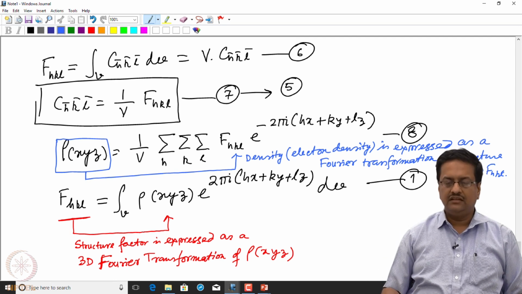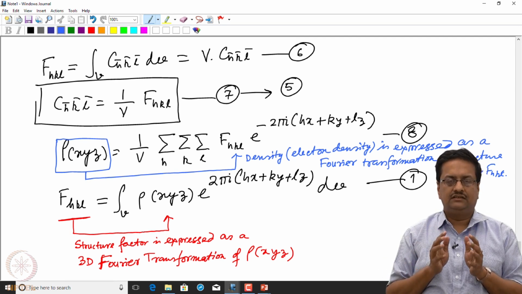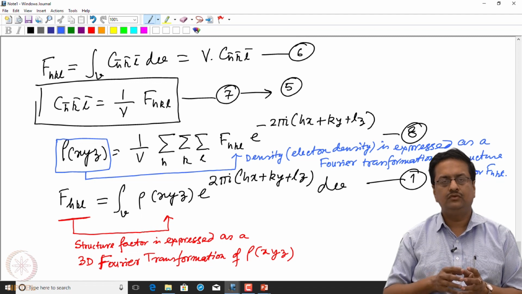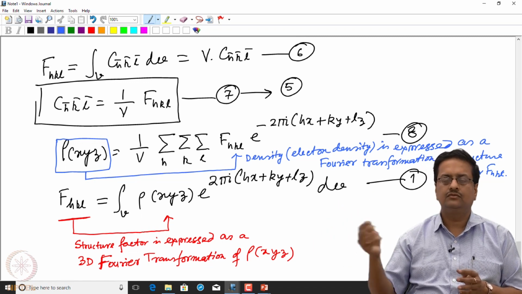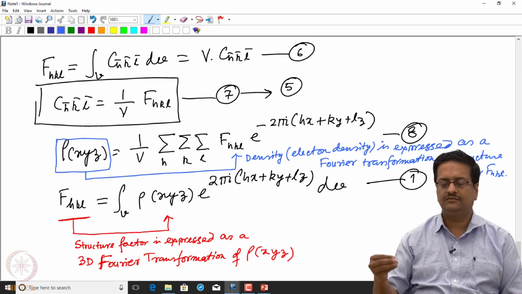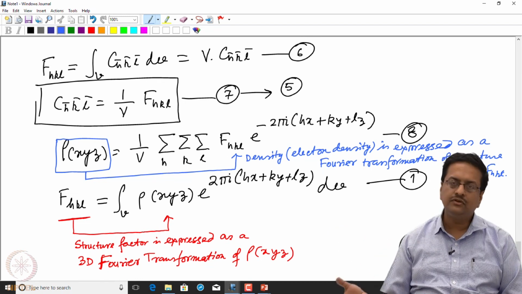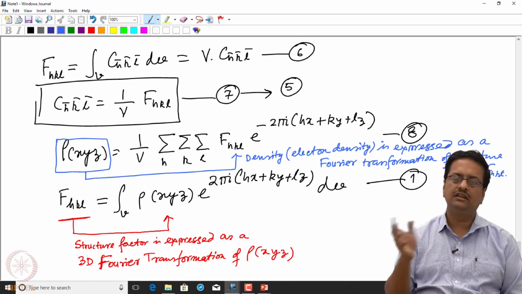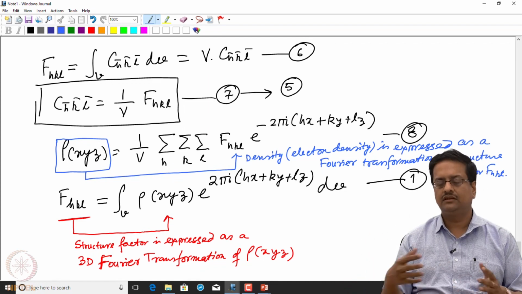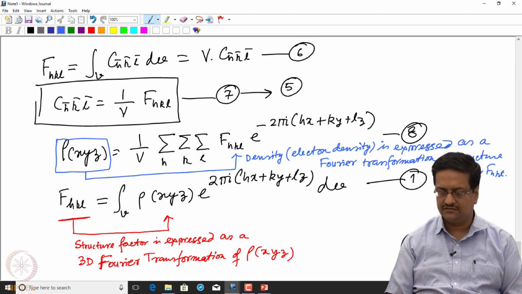So what does it mean? If we have a set of structure factors, if we do a Fourier transform of structure factor, we get to know the electron density at various places. And if we do the reverse, we take the electron density and do a Fourier transformation, we get to know the structure factors.